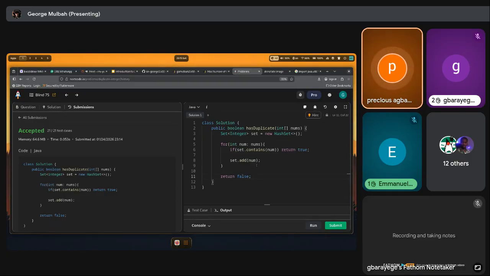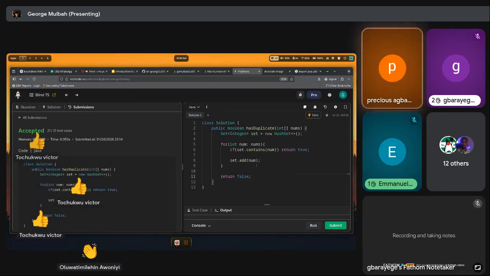So let's say you have 100 elements, indices 0 to 99, and it sees a duplicate at index 20. At that point it stops; it doesn't bother to get to index 99. But if we add every element of the array to the set, we go from index 0 to index 99 before we check the size and return true if the size of the array is not equal to the size of the set.